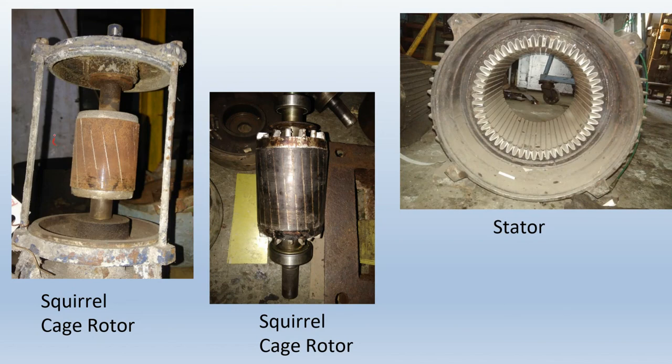When we use squirrel cage rotor, this is the type of squirrel cage rotor, and the motor is called as squirrel cage induction motor. This is the second picture of squirrel cage rotor. This is bearing and this is shaft, and this is the stator, to which three phase AC supply is given through terminal box.